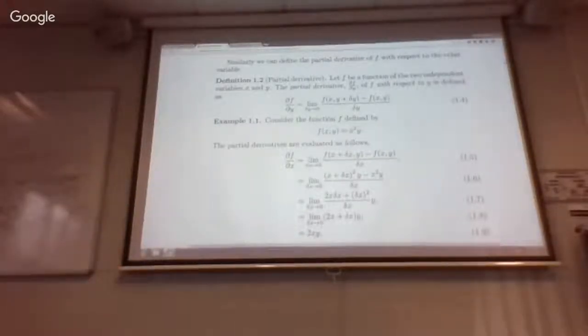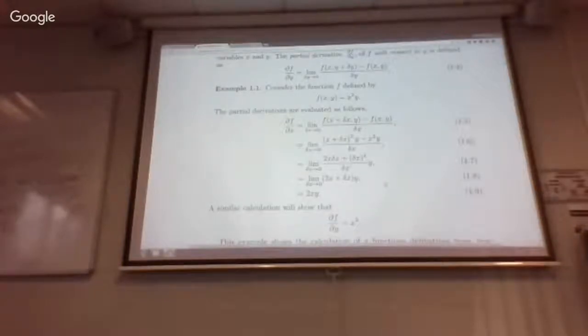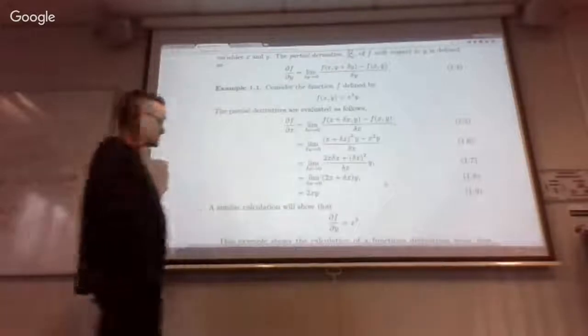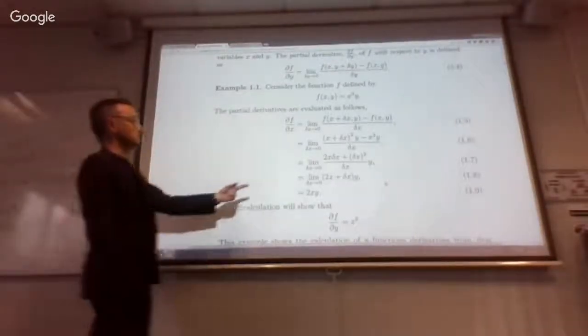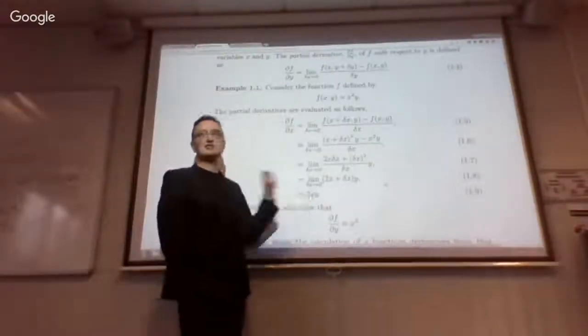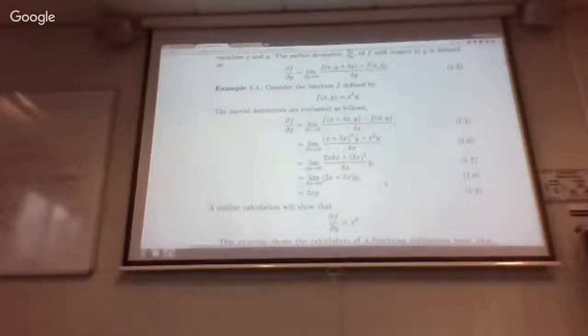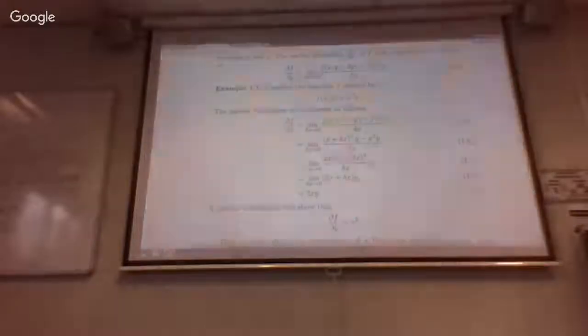We ended last time by working through this example 1.1, where we took a particular function x squared y, and we applied the definition of the derivative, and we found that its derivative with respect to x is 2xy. And we might also do another quick version of the example, which is suggested to you here, which is to work out the y derivative of that function.